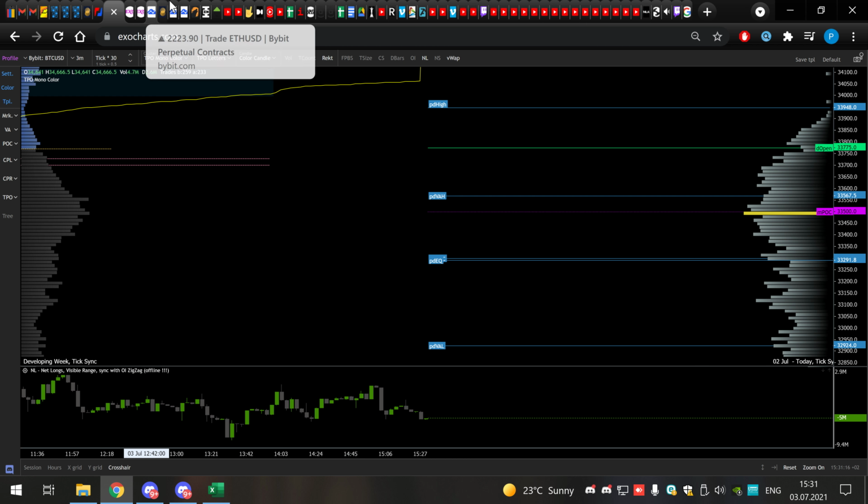So this is the range of the past 5 weeks. We need a point of control for these past 5 weeks. And it's currently at 35,763. It's not changing much, so I will not change it.